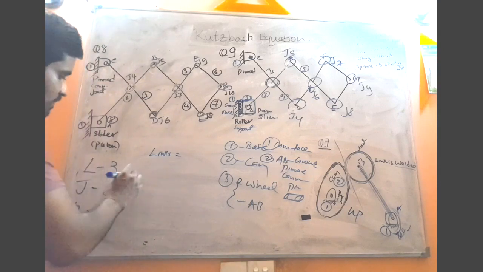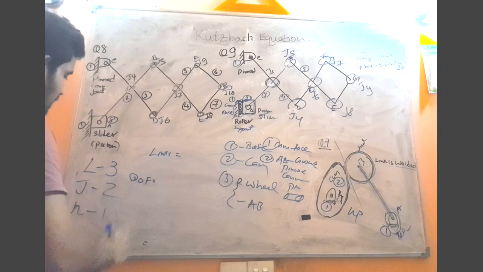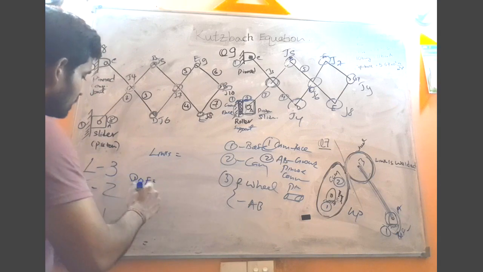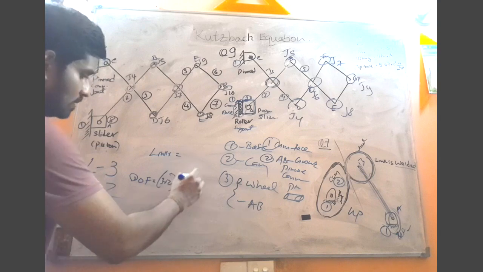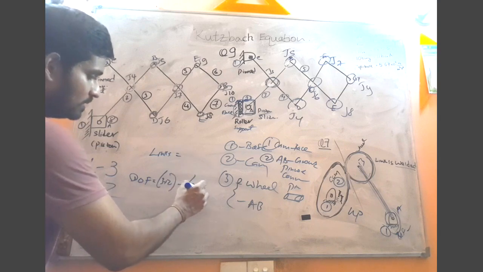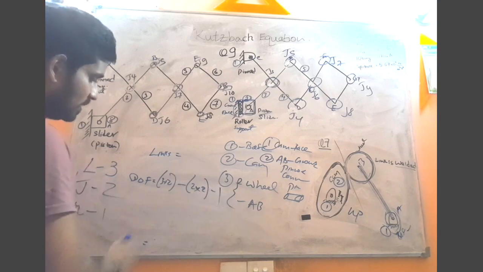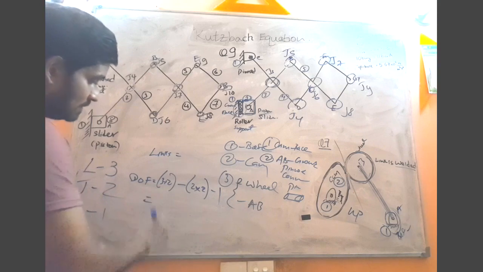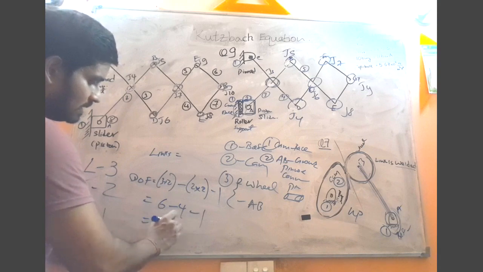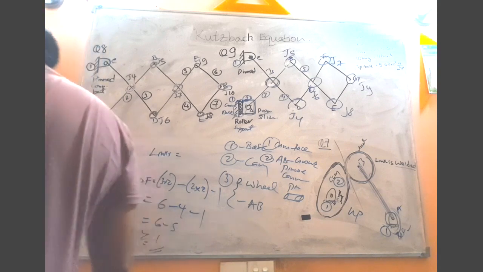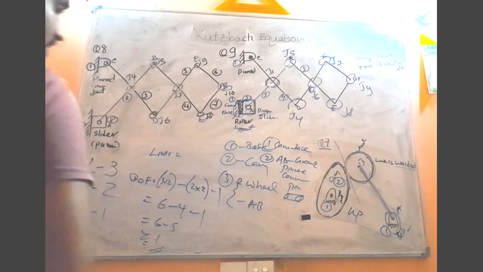Then what is the answer for the degree of freedom? 3 times (links minus 1), so 3 times 2, minus twice the number of joints, minus 1 higher pair: 6 minus 4 minus 1, 6 minus 5. The answer is 1. So the degree of freedom is 1.